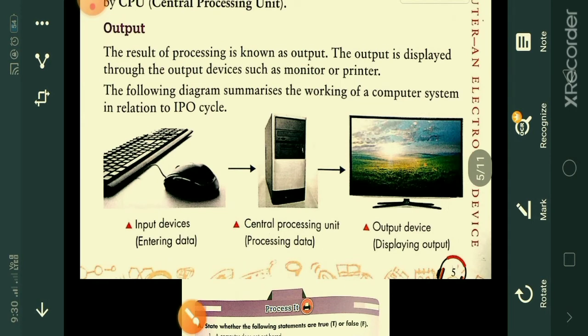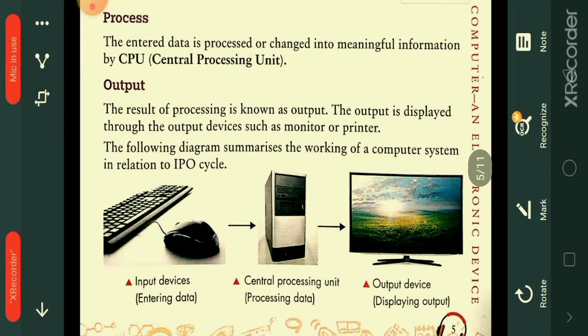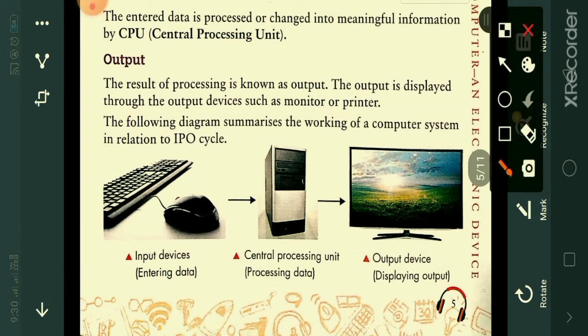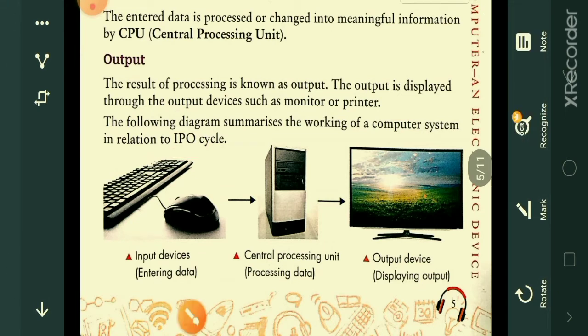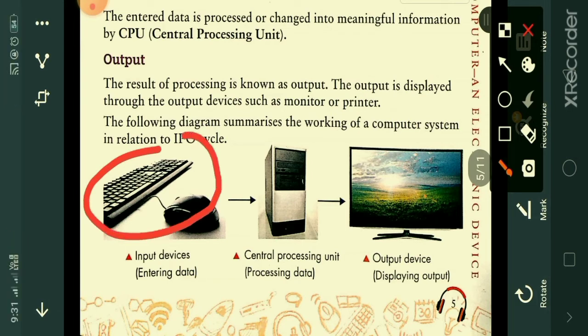See here, the pictorial representation of the IPO cycle we have here: input, processing, then output. What happens here? The working of a computer, as I explained, follows the IPO cycle. For example, with the help of the input device keyboard, you will enter 2 minus 1 data.